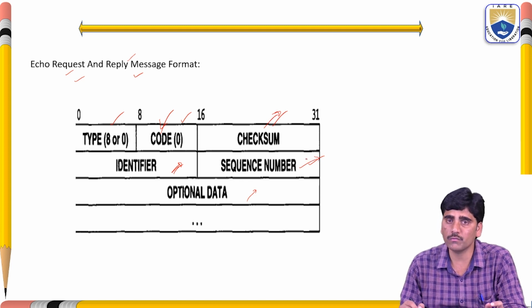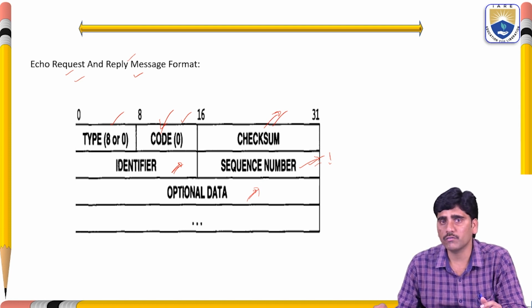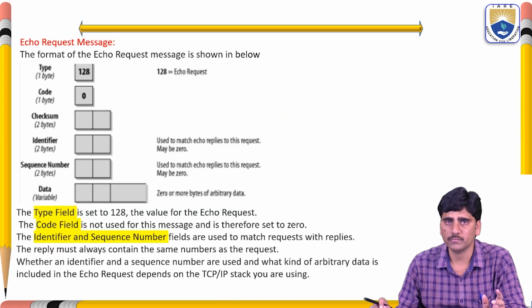The sequence number is the number of the message, number 1 or number 2, which has to be followed. And optional data is the data to be carried from source to destination. So these are the echo request and reply message formats.